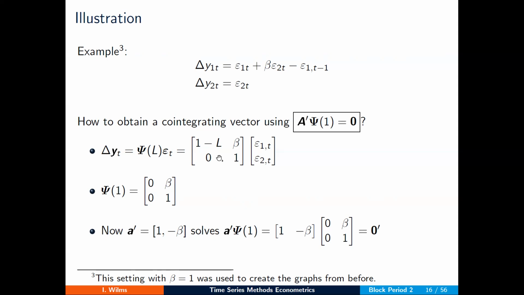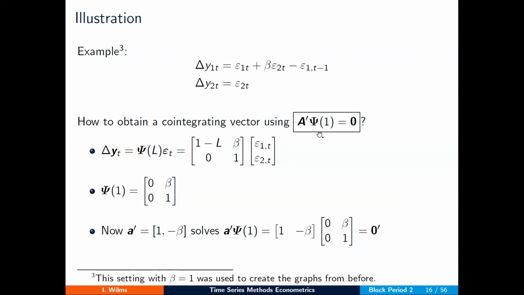Well, the first series in differences is nothing more than the difference of the first error component, so (1 minus the lag operator) times the first error, plus beta times the second error. And for the second time series, its difference is just immediately equal to the second error term. So that's how I obtain psi(L) for this example above.